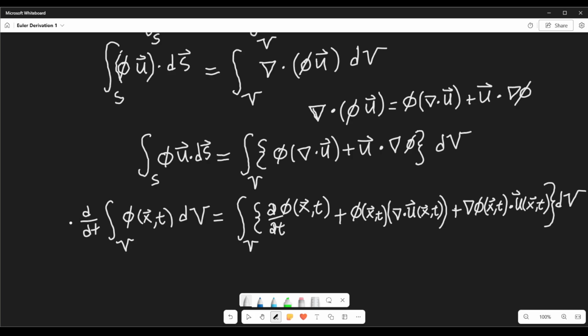So this has now been converted from a volume integral into another volume integral, but this time the time dependence has been broken out. The first term depends on time, and the terms from the surface integral depend on the velocity field, as well as the time dependence entering into the rest of the integral.